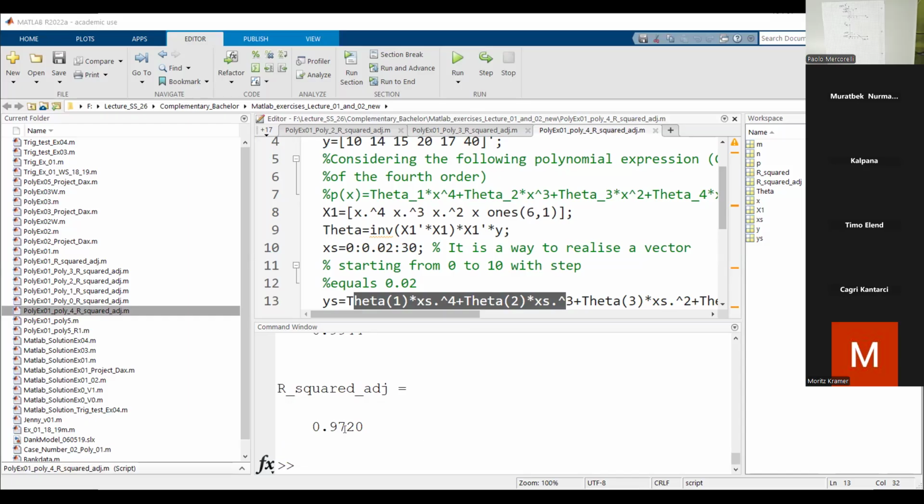Let me put the value and then we'll discuss. R squared is 0.9944, still increasing. R squared adjusted 0.9720.